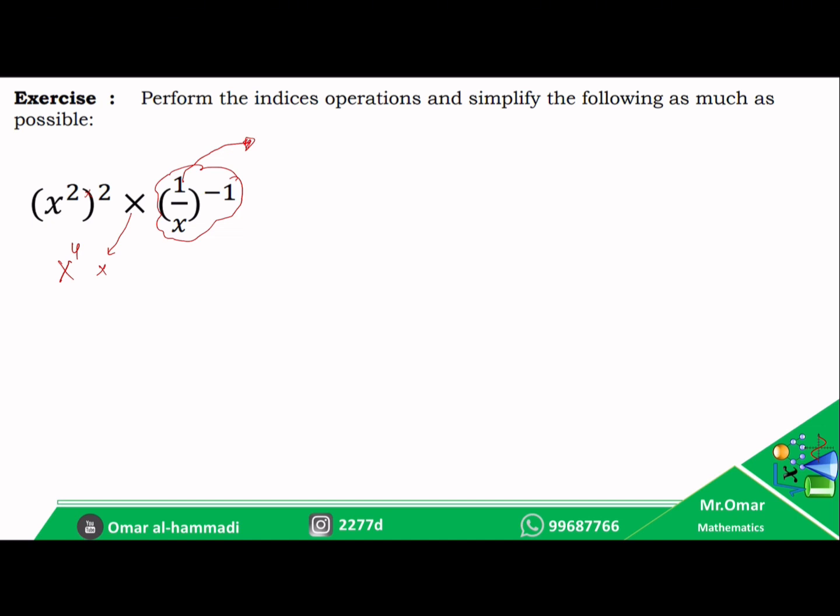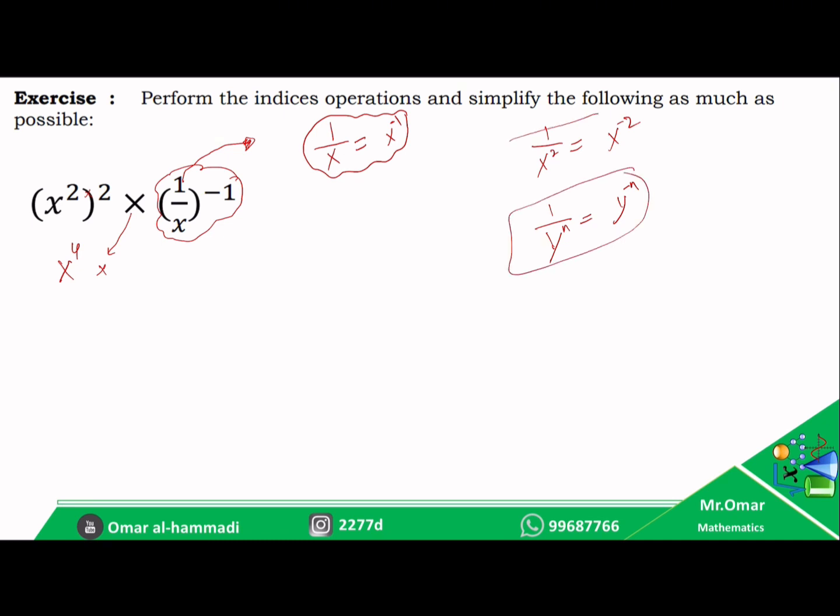When we have 1 over x, this is the same meaning of x to the power minus 1. The same meaning of that one. For example, we have 1 over x to the power 2. This is the same meaning of x to the power minus 2. 1 over y to the power n is the same meaning of y to the power minus n. So all these have the same meaning.